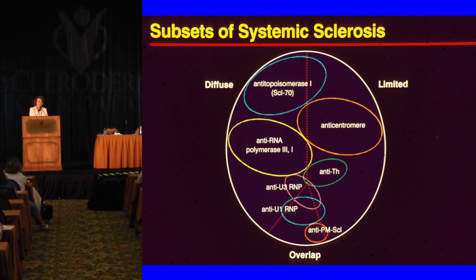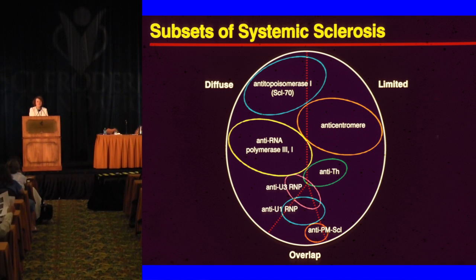When the lab does the anti-nuclear antibody test, they get a pattern. And so the centromere is one of the patterns. The other antibodies here are speckled patterns, and there's another one that's called a nucleolar pattern.